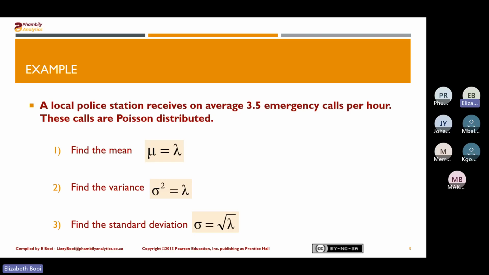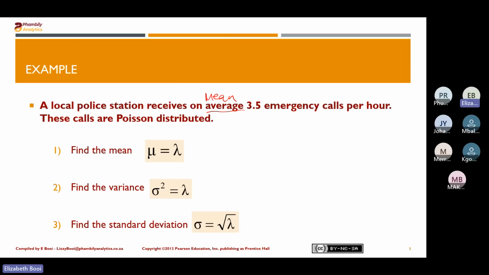So in this instance, we are told that our average is 3.5. And the question says, find the mean. And we know from measures of central location that the mean is the same as the average.